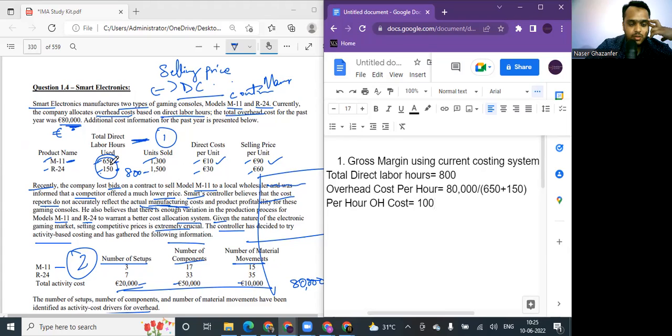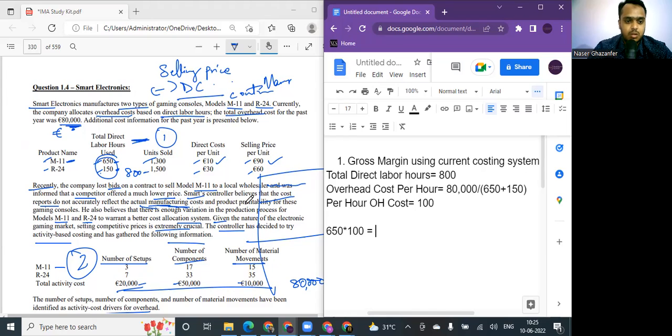If I am using 650 hours, how much is it for M11? Let me check here. So it is taking 650 hours here. So 650 multiplied by 100 will be my total cost, which is 650 hours and per hour is that much.